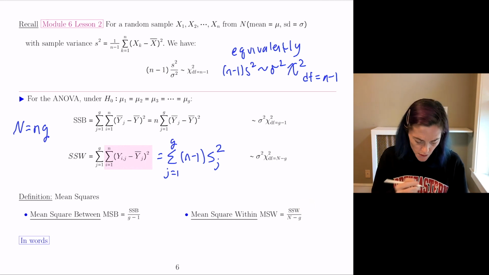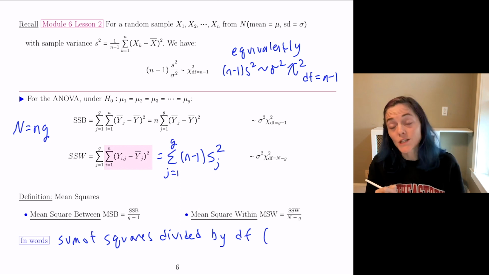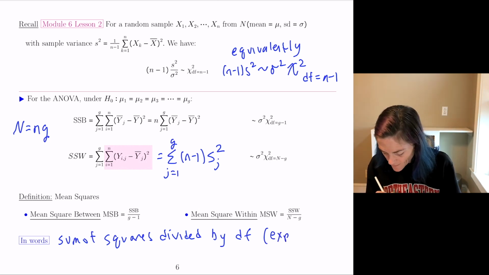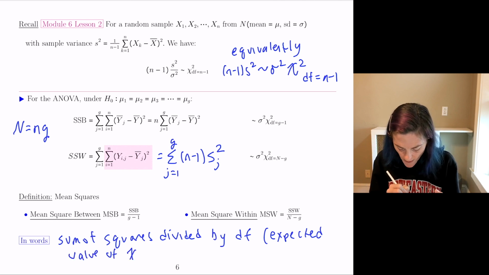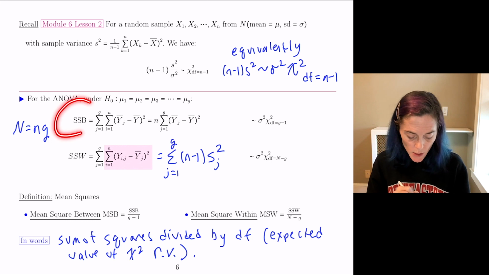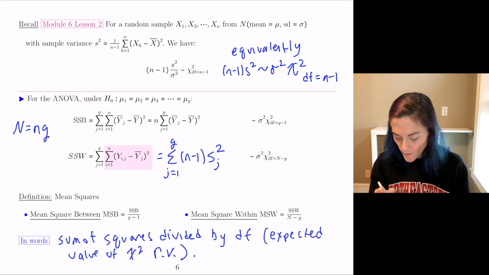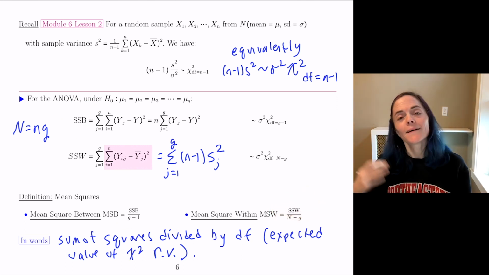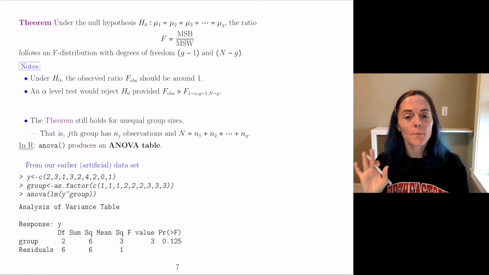So in words, we are dividing by the degrees of freedom, which is the expected value of a chi-square random variable. So in a sense, we are normalizing this quantity by its degrees of freedom. And similarly, we are normalizing the sum of squares within by its degrees of freedom. This gives better quantities to compare.